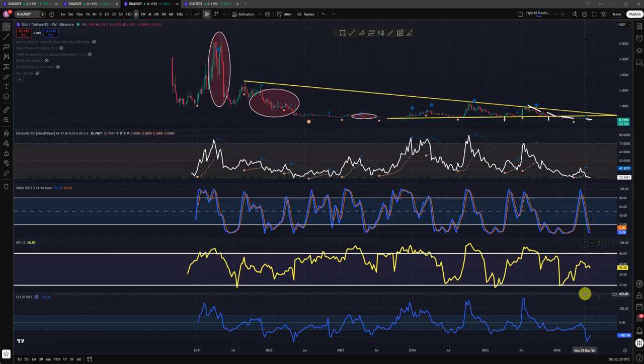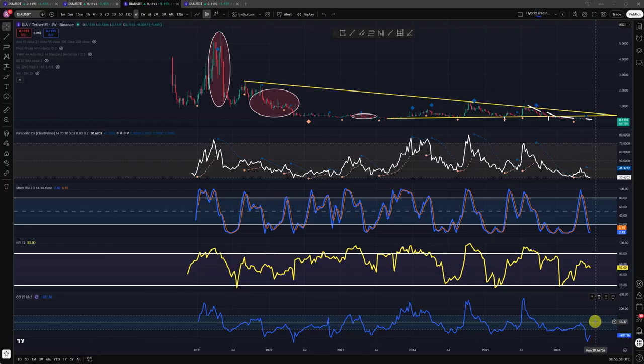And if you look at the CCI, the CCI also measures overbought, oversold, but it's a little different because it doesn't have a range between 0 to 100. It can definitely spike well over the 100. So as you can see, when DIA was at its last peak, it was at 345, and now it came to a low of 276.